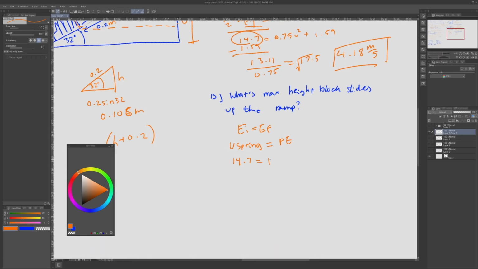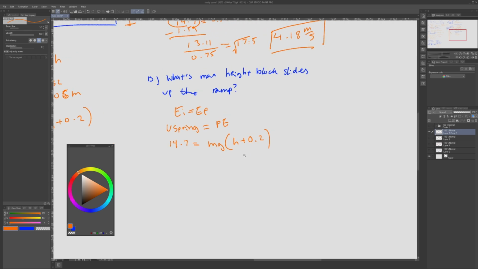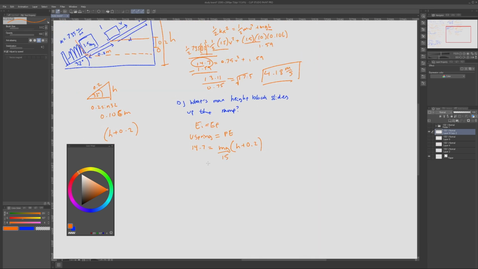So this is going to be mgh plus 0.2. We know this is 15, so 14.7 divided by 15 is going to give us 0.98 equals height plus 0.2.